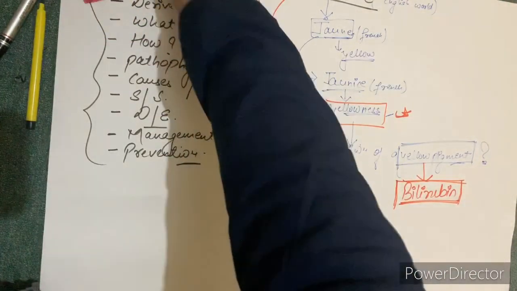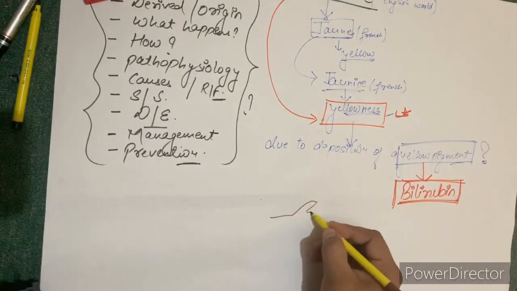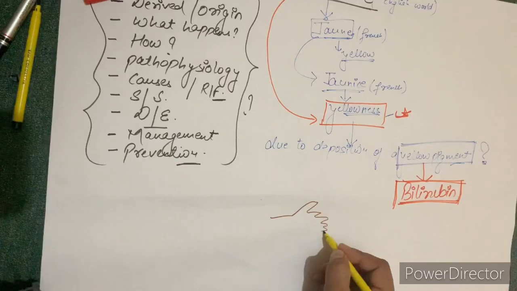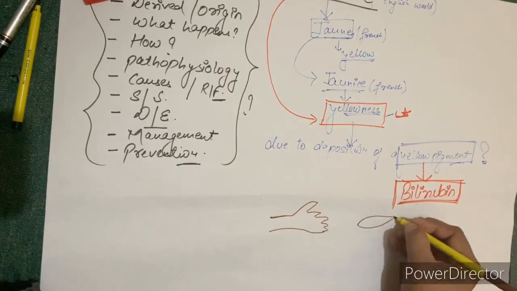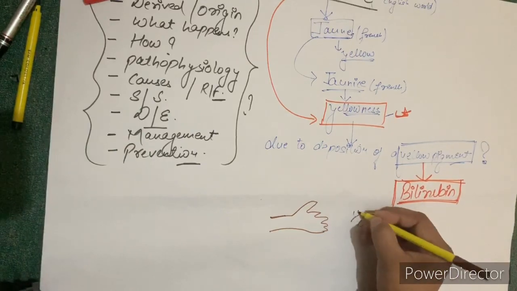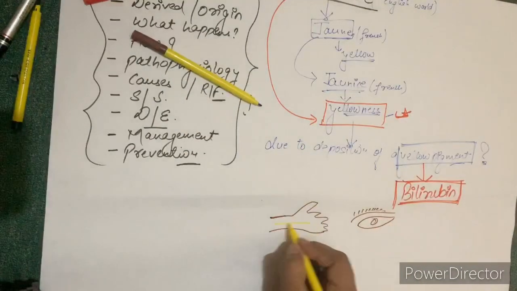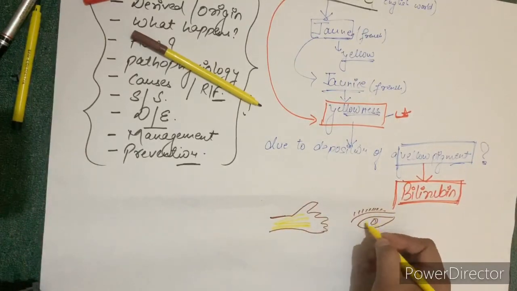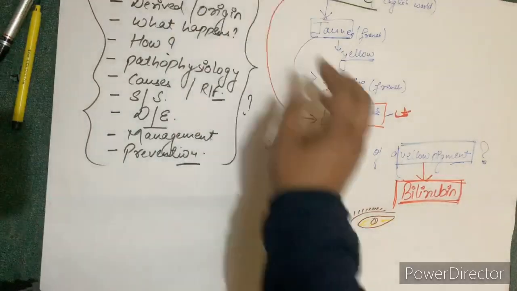Initially it starts from our skin. This is my hand, and this is the eye. Initially, this yellowness starts from the skin and from our eyes, then spreads to other body parts.